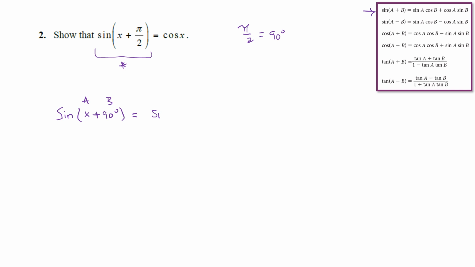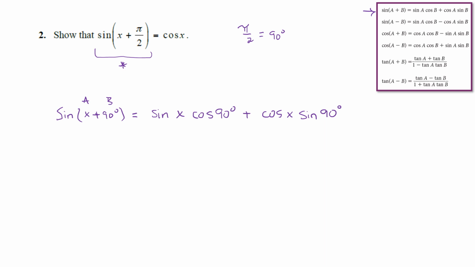So we have the sine of x times the sine of 90 degrees plus the cosine of x times the, I wrote it incorrectly. My apologies. Let's rewrite that. So we have the sine of x times the cosine of 90 degrees plus cosine x times the sine of 90 degrees. There we go.